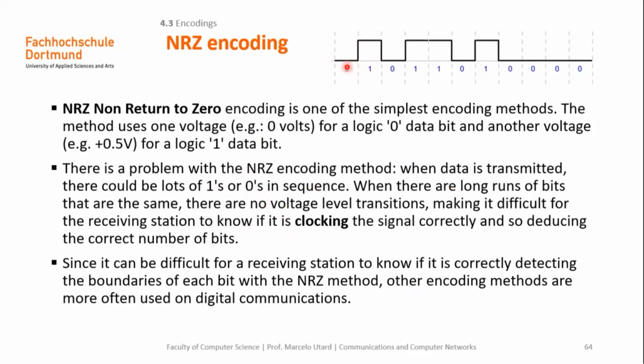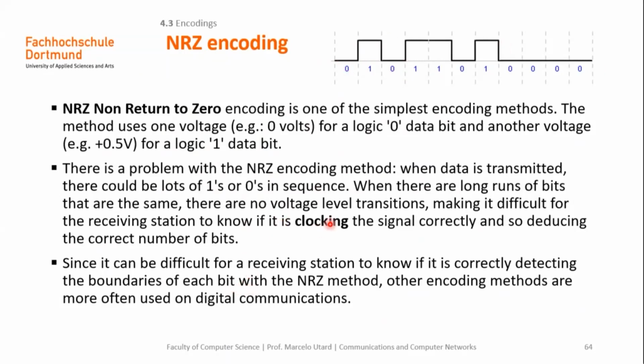For instance, with a stream of zeros or a stream of ones, the receiver is aware that it is a stream of ones or a stream of zeros, but there could be errors in the number of bits detected.